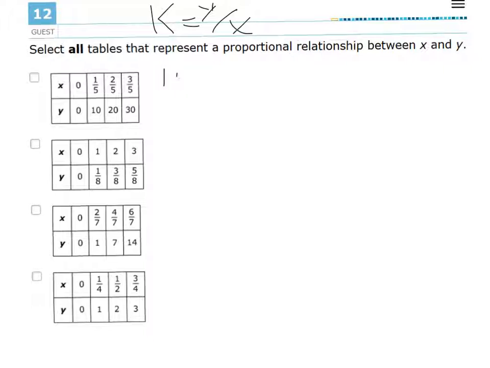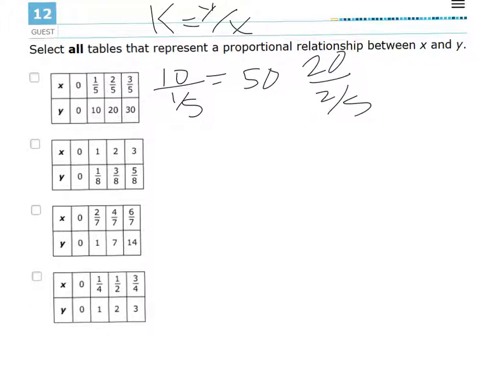For the first one, I can go 10 over 1/5, and that would end up giving me 50. But then I want to double check, so I'm going to go 20 over 2/5. That also gives me a constant of 50. And then I'll just double check that last one to really make sure: 30 over 3/5, and that also gives 50.